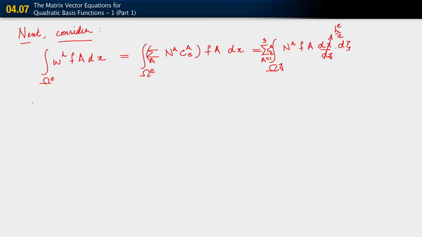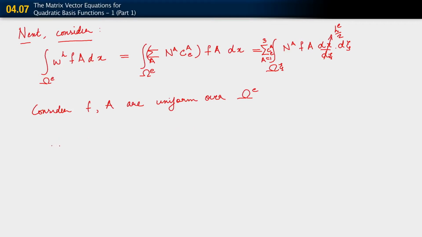In order to fix ideas and get something that we can compute, let us consider the situation where f and A are uniform over omega e, over the element of interest. What this allows us to do is to pull f and A as well out of the integral. And h^e is, of course, the element width, which is independent of xi.